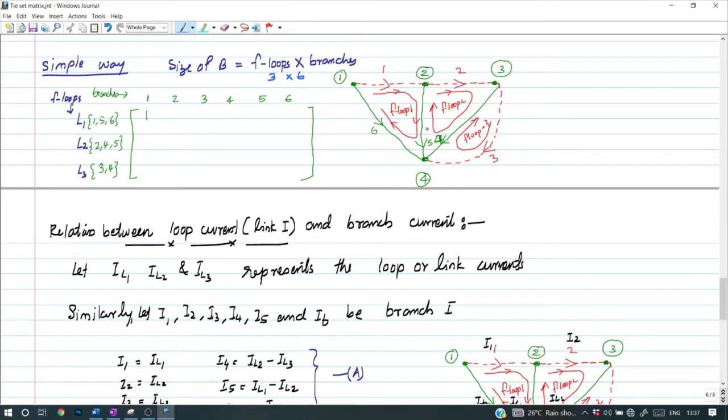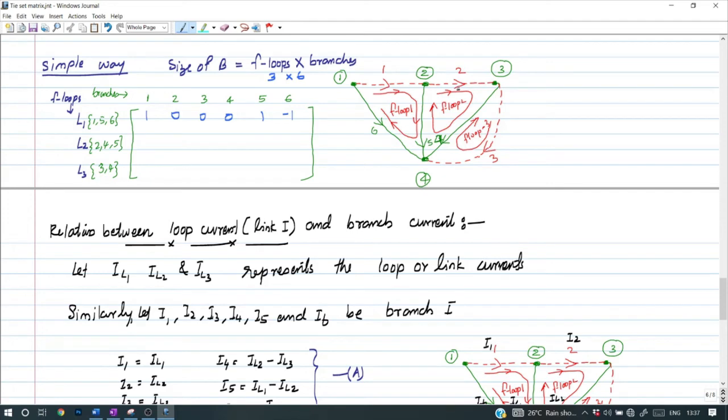Now let's consider the fifth entry. The fifth branch and loop current directions are the same, so its sign is positive. And the sixth branch current is opposite to the fundamental loop current, so it is -1. All other entries are zeros. Very simple. Similarly, when we are taking fundamental loop 2, the branches involved are 2, 4 and 5.